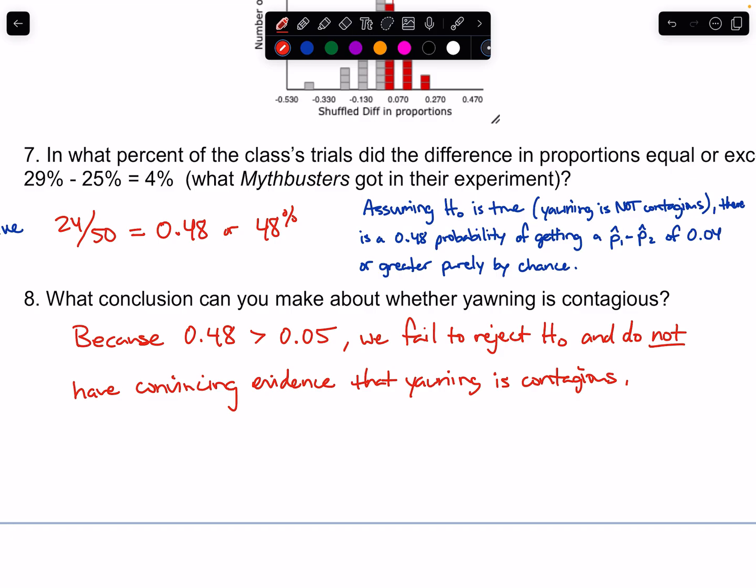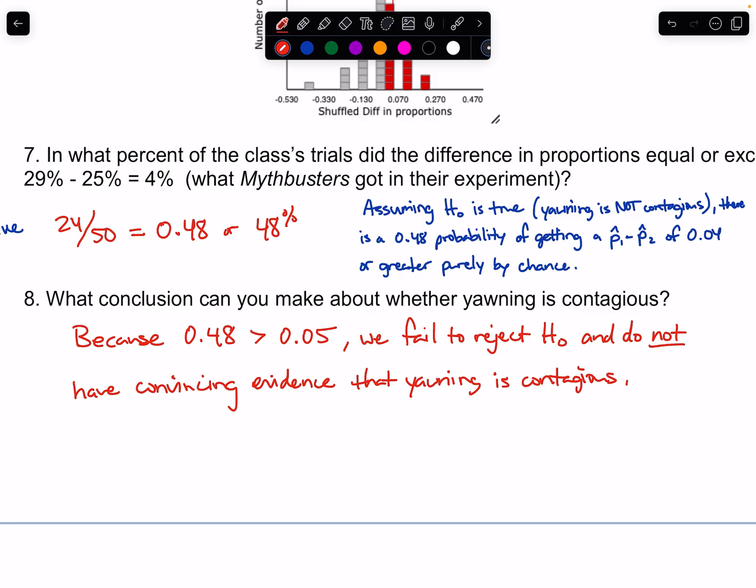I cannot say for certainty that yawning is not contagious. I know that's weird. I know it feels odd sometimes reading it and saying it, but that's what we're doing. Because our assumption was that it's not contagious, and I basically can't say that that isn't true. I don't have enough evidence to do that.